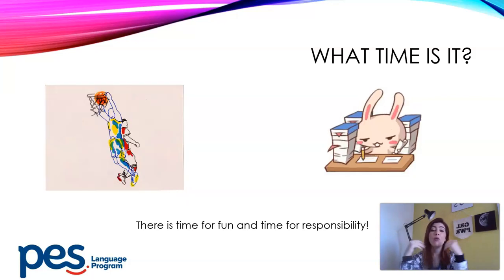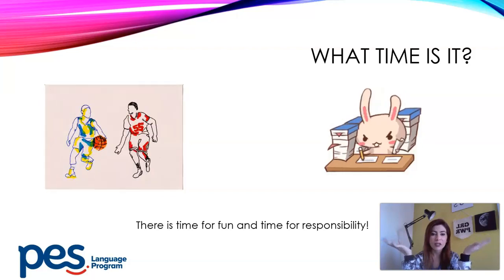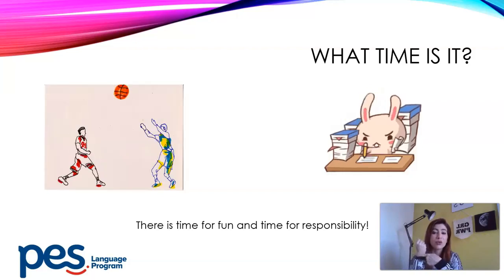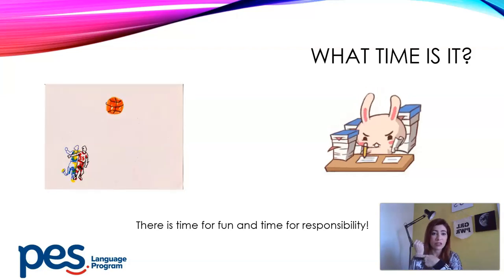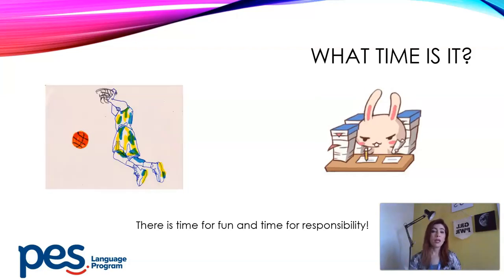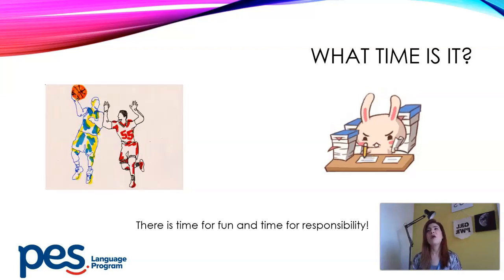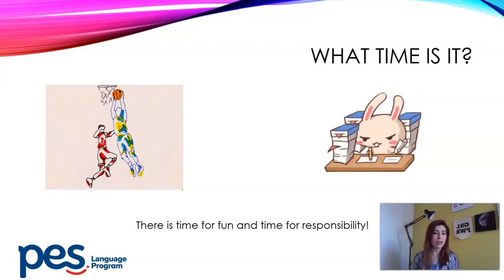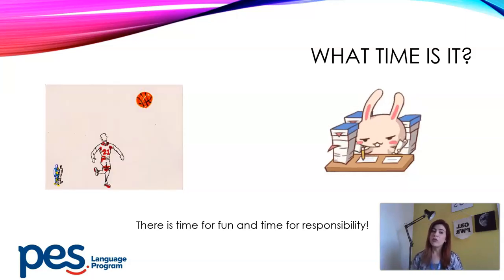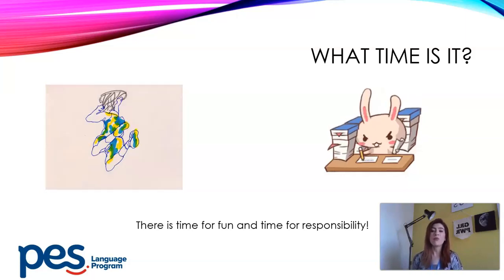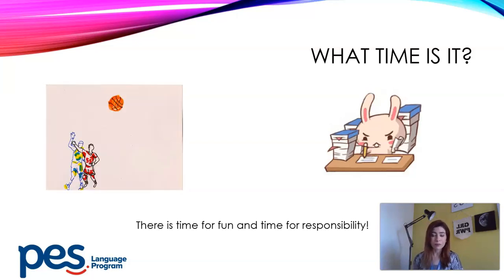If we ask them, what time is it? What time are they doing those things? They will probably have different answers. Why? Because playing basketball is something that we do usually for fun, right? And doing homework is a responsibility that we have from school.